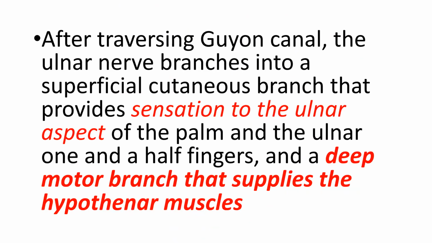After traversing Guyon's canal, the ulnar nerve branches into a superficial cutaneous branch that provides sensation to the ulnar aspect of the palm and the ulnar 1.5 fingers, and a deep motor branch that supplies the hypothenar muscles.